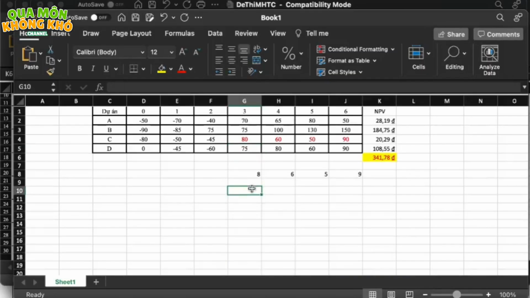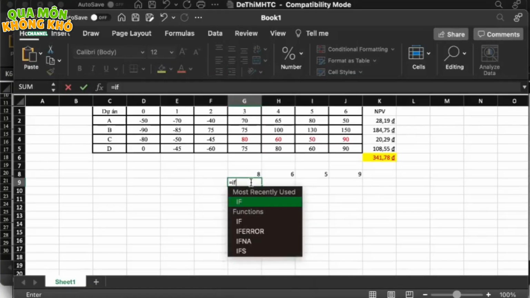You just use a little function here with the condition IF.